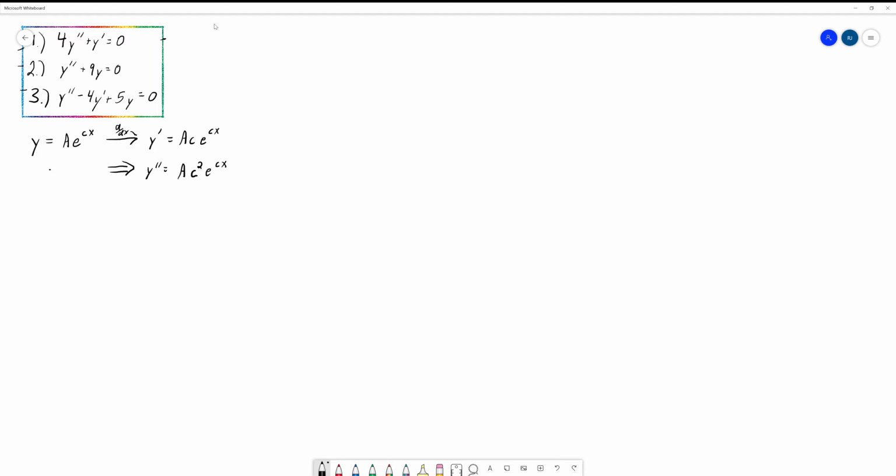And this c is possibly a complex number. It might be like 4i or something.